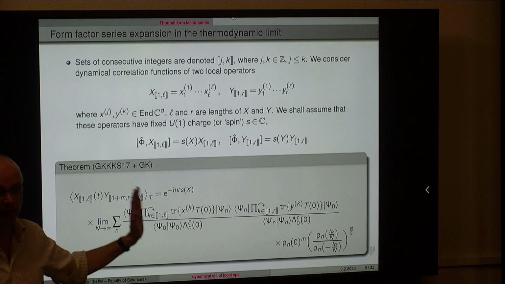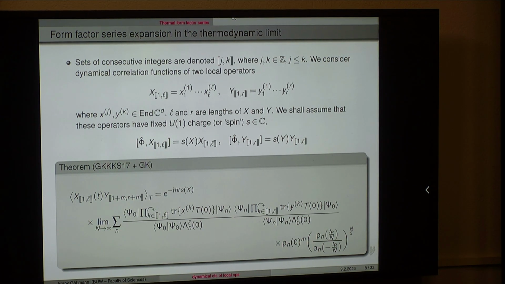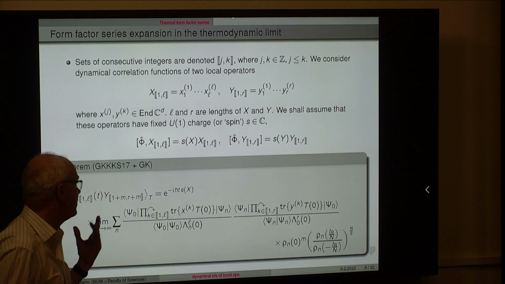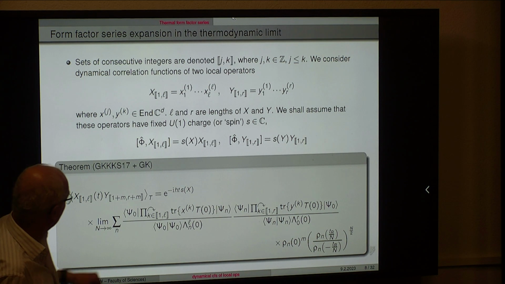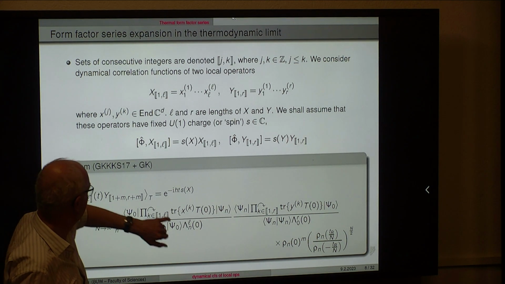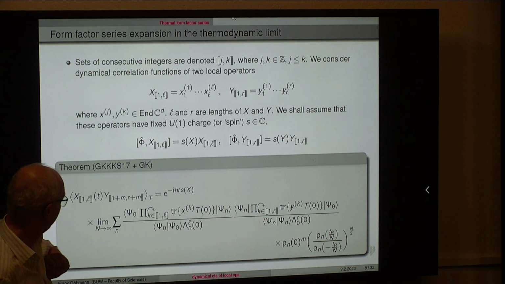This is this psi naught, ground state of this vertical transfer matrix. So there's only a single sum here, and in the other case you would have a double sum. Single sum is the first advantage of using this quantum transfer matrix. Fine. So you have dominant state here, excited states here.